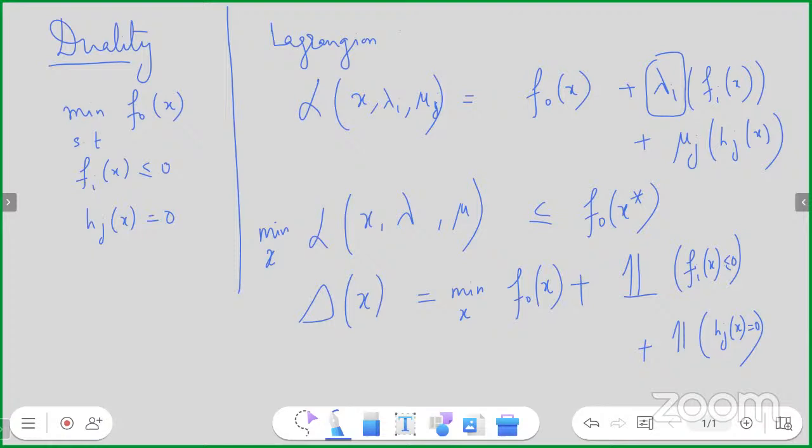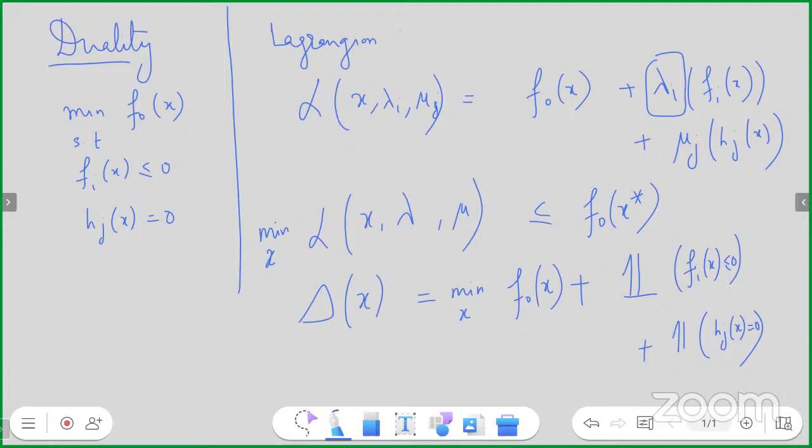So what do you want? When the constraint is not satisfied, what should happen? You want the constraint to be satisfied. So if the constraint is not satisfied by something, what should it put? What's the only value this function should take when the constraint is not satisfied? That's the only choice, right? You're trying to minimize this.